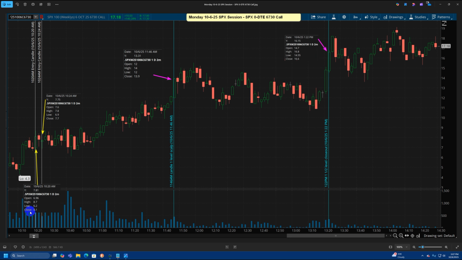But we had gone with just the initial cross above and close above, $8.10. Now, if you were just scalping, remember the 11:46 a.m. candle is this here, $13.90. And then here was the 1.5 level move, $16.60. Okay, now we'll go back to the regular chart.